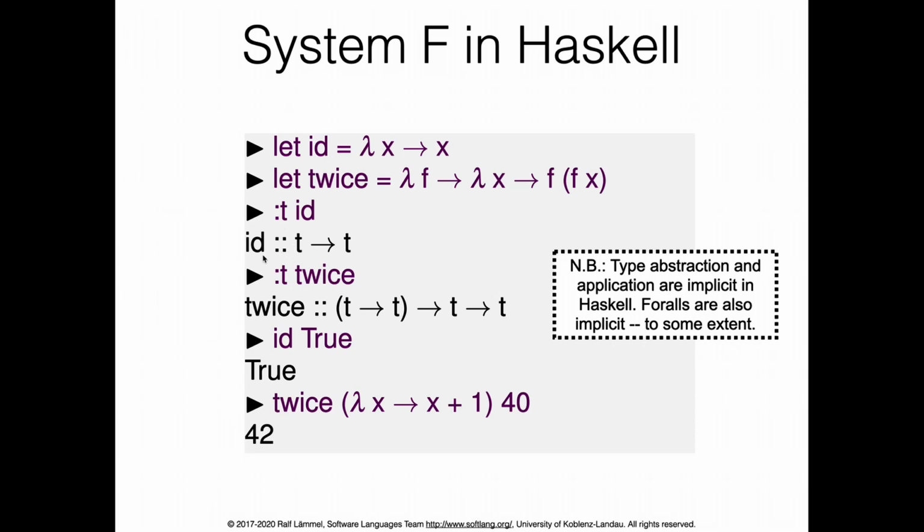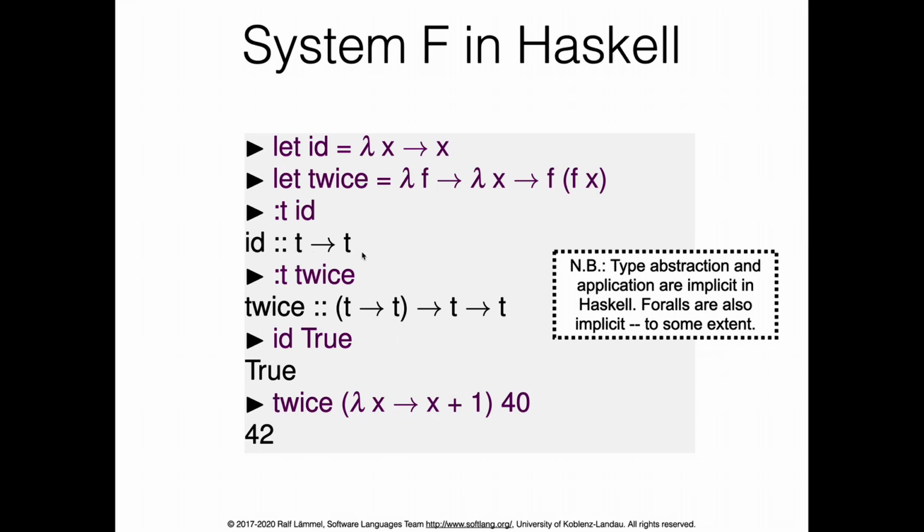We look at the type of ID, look at the type of twice, and well, we don't use uppercase letters here for type variables, rather we use lowercase IDs here. And more importantly, you don't see any for all here, so it's just type variable t to type variable t.